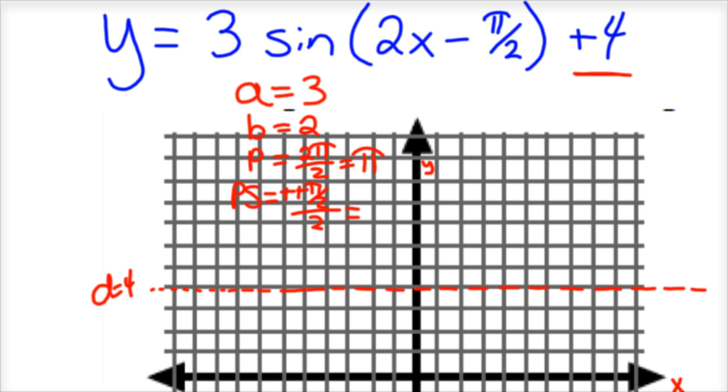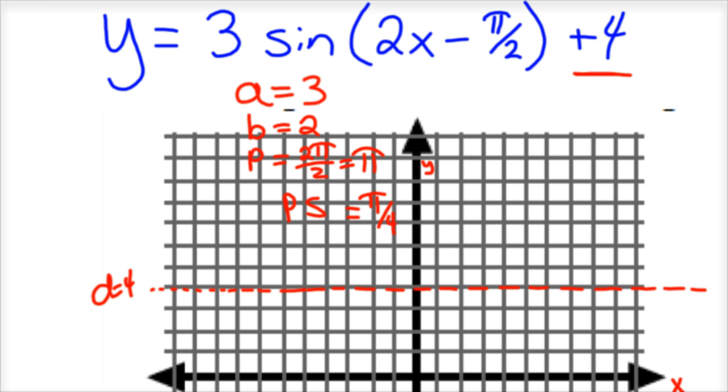And pi over 2 divided by 2 is pi over 4, because you flip and multiply: this would be 2 over 1, you flip and multiply, you get pi over 4. So we're going to shift this graph to the right, pi over 4. And I'm getting too close to my work here, so I'm going to erase some of that. So that's all the information we need.